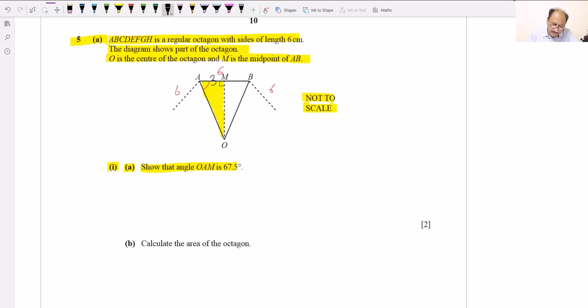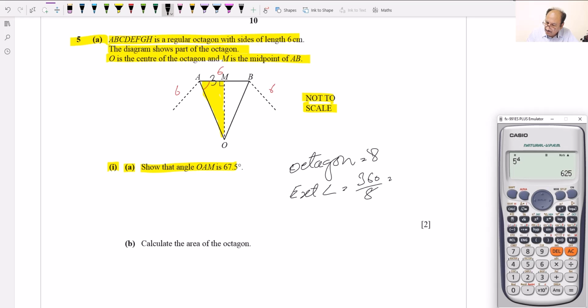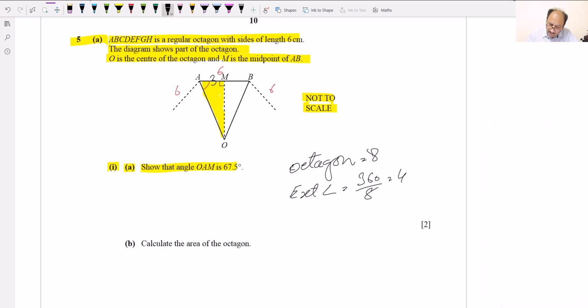And we know the angle is the angle of the octagon. Octagon is having 8 sides, so exterior angle will be what? Exterior angle will be equal to 360 divided by 8, which will be equal to 45.